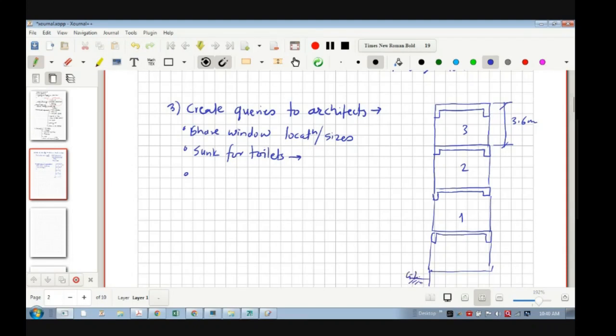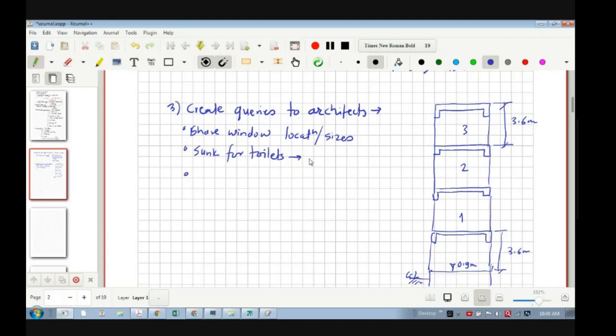This is ground level. This is your 0.9 meter plinth level, and then every floor has a 3.6 meter floor to floor height. This is your plan section. So you are asking what the sunk is.